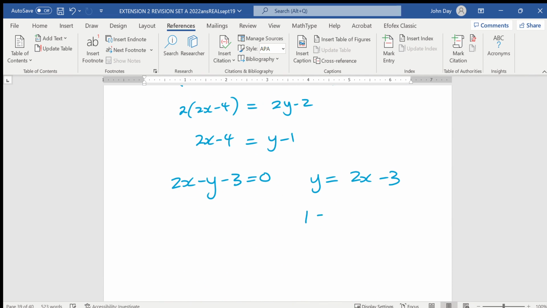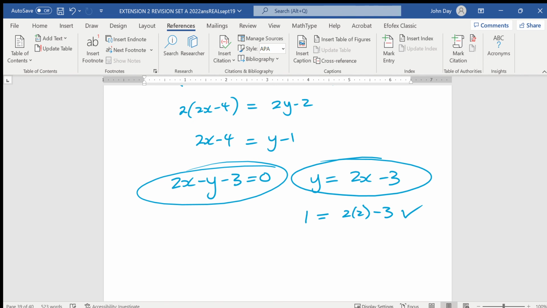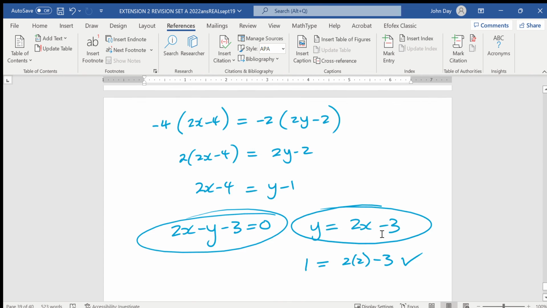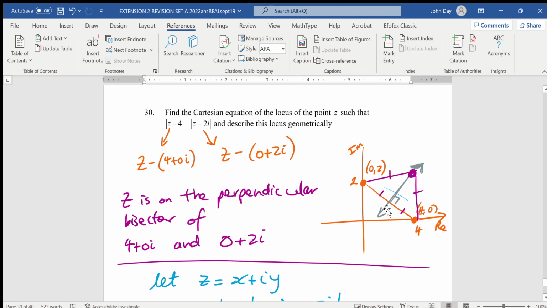Does 1 equal 2 times 2 minus 3? Yes, it does. So that appears to be, in gradient intercept form, the equation of the locus, which I've already described as basically the perpendicular bisector of 4 plus 0i and 0 plus 2i, or the points 2 and 4 on those axes.